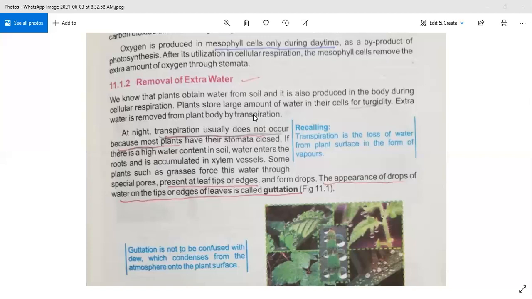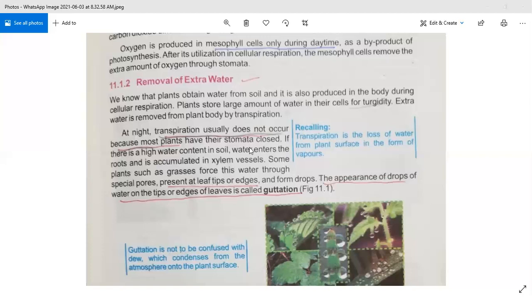Due to this extra water, the plant becomes turgid and all its cells become swollen. This extra water is removed from the body of the plant through transpiration.